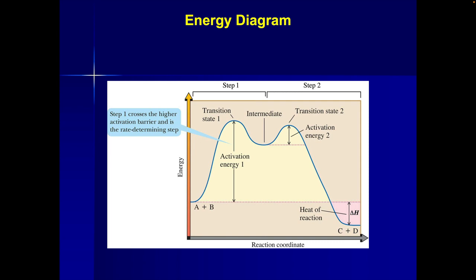Why? I'm breaking a lot of bonds, right? What am I doing in the second one? I'm forming bonds, so the energy has to be lower, right? So once I form the intermediate, the next transition state is so low in energy that it happens almost instantaneously. And I end up with my products C and D, which are, in this case, just this, right?